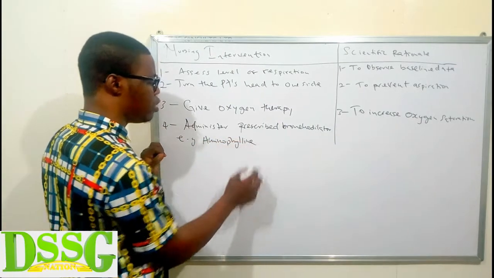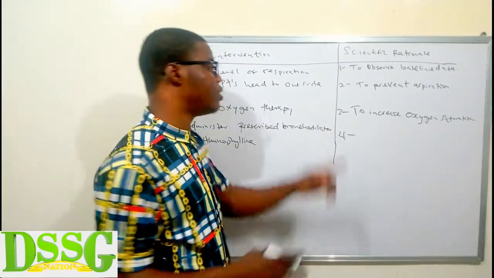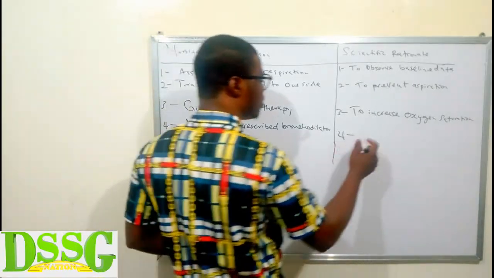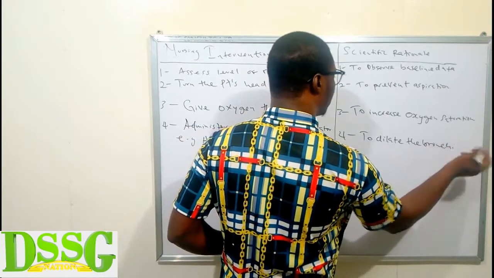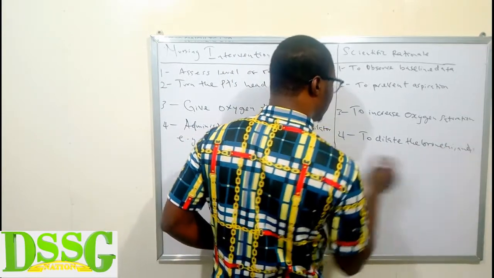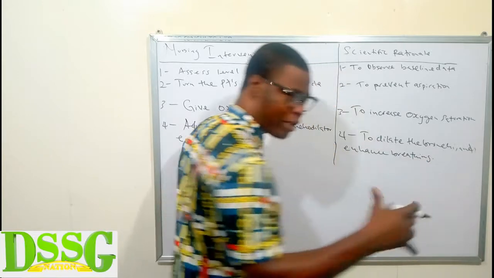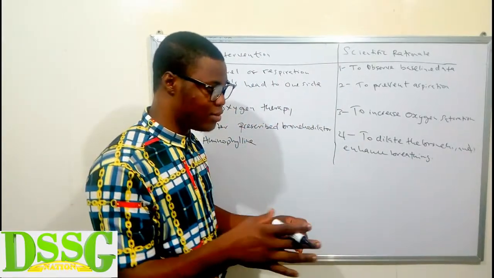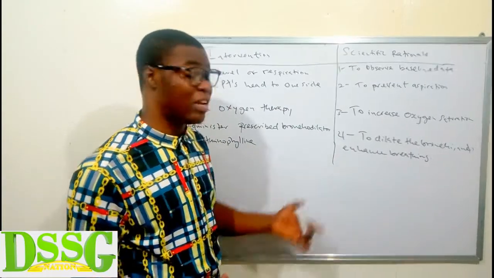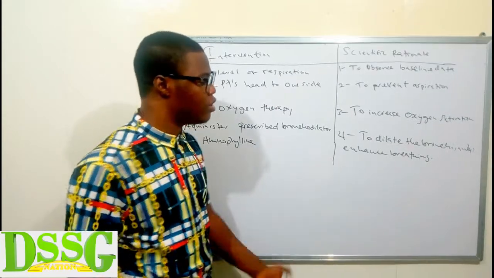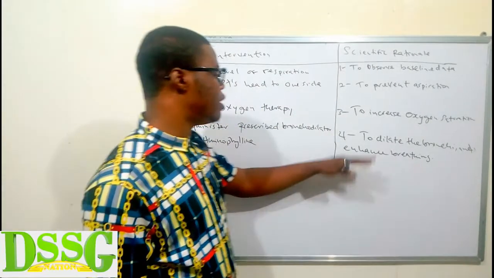Your rationale will be the mode of action, and the mode of action is to dilate the bronchi and enhance breathing. Although you could talk deep pharmacology, this is just a nursing care plan, so you can just put it there. So that is that about the nursing intervention and the scientific rationale for ineffective breathing pattern.